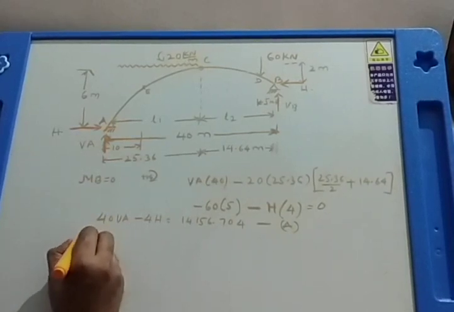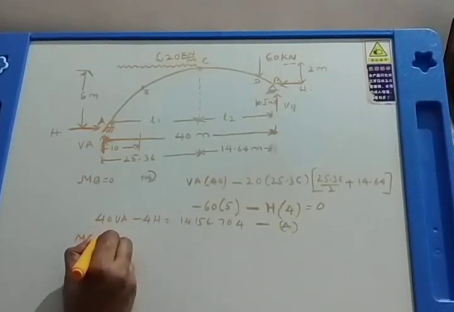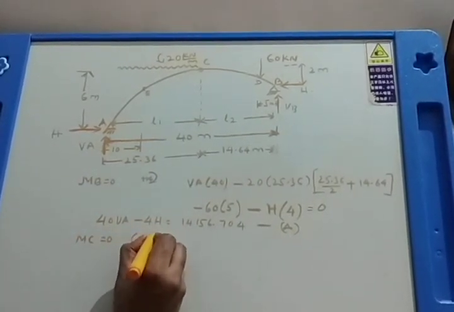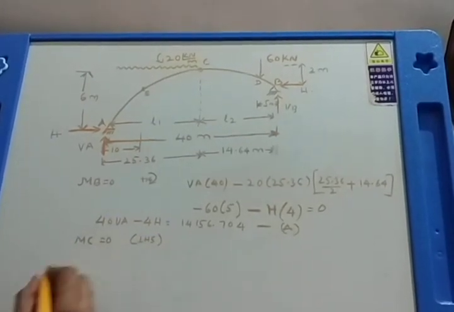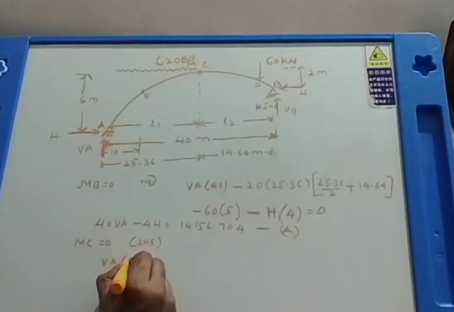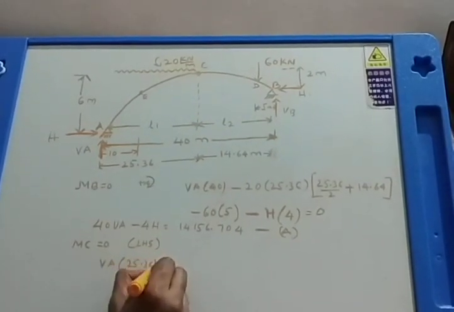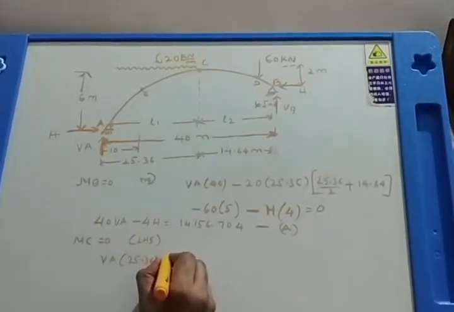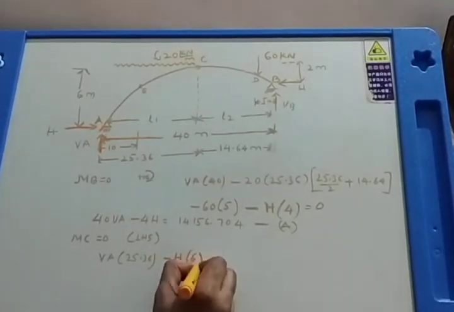Another equation is, let us take bending moment at C equal to 0 with left hand side only. We have already done this. So it is VA into only left hand side 25.36, minus H into 6, that is anti-clockwise.